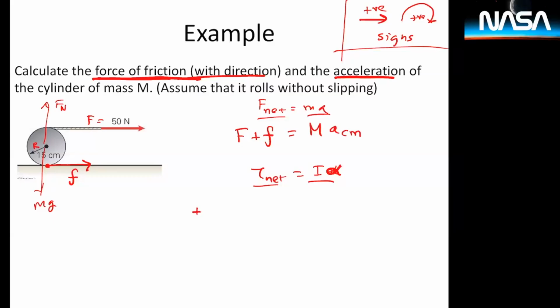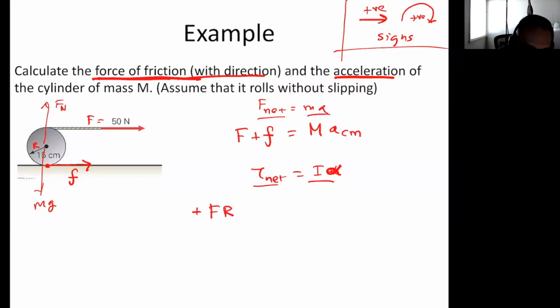FR. Yes, F times R. Very good. So plus FR is the torque due to F. So we are done with finding the torque due to F. Now we just need to find the torque due to little f.